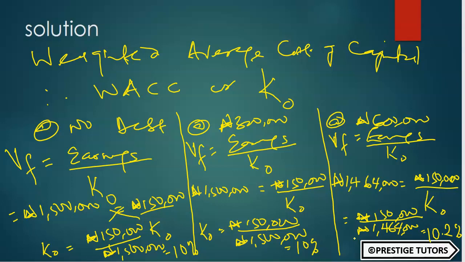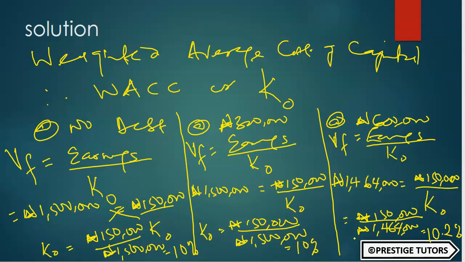Capital structure assumptions tell us that the more debt you use, it will have a negative effect on your cost of capital. That means your overall cost of capital will be reducing. Now, the overall cost of capital moved from 10%, where we took 300,000 naira debt, it remained 10%.